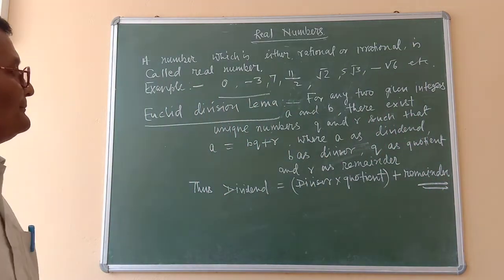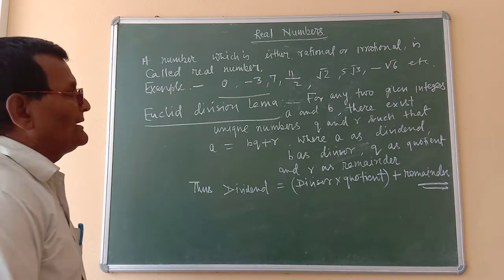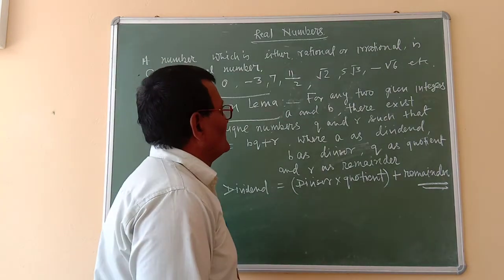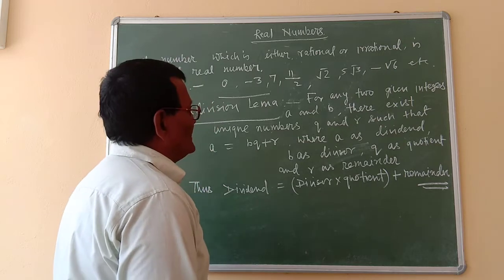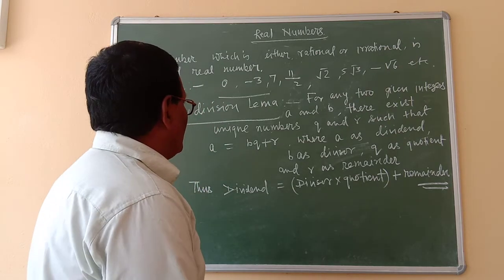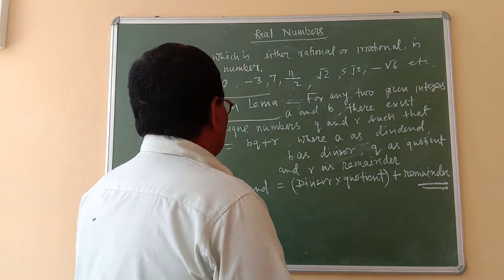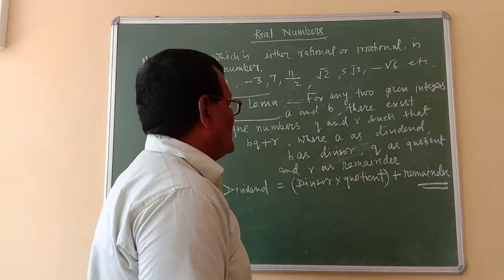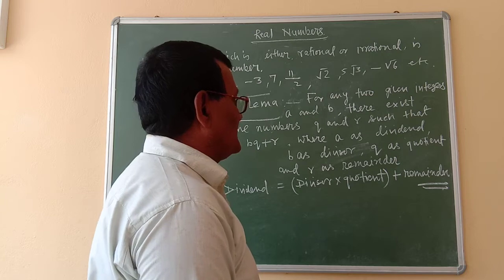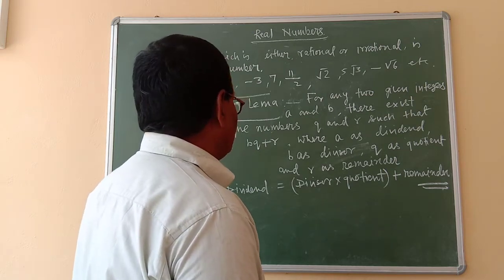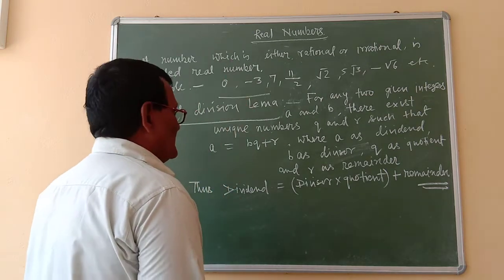Euclid division lemma: for any two given integers a and b, there exist unique numbers q and r such that a is equal to bq plus r, where a is the dividend, b is the divisor, q is the quotient, and r is the remainder.